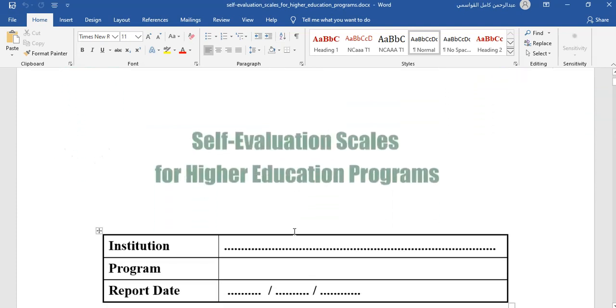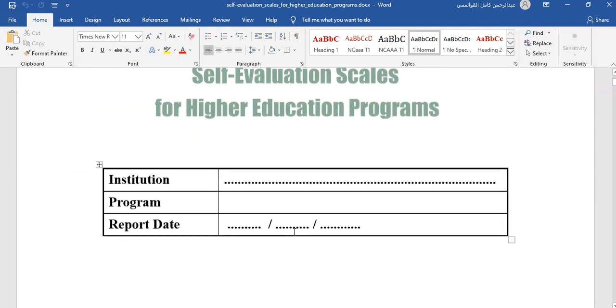NCAAA self-evaluation scales for higher education programs.